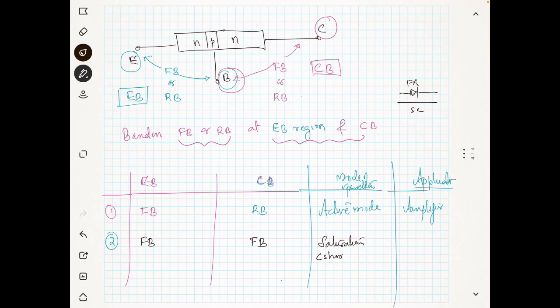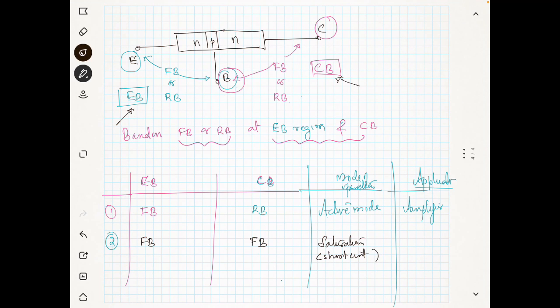Here there are two junctions, the emitter base junction and the collector base junction. If you give both of them forward bias, both become conductive, or short circuit. That means the entire transistor becomes a short circuit.